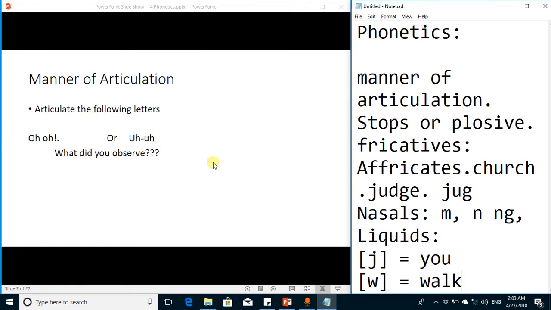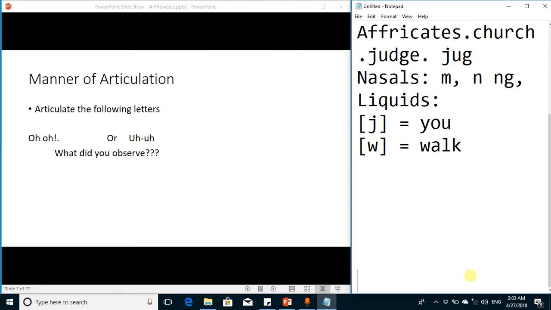And next is the group of sounds for which we use the same mechanism as for stops. We stop the airstream and then release it, but this stop and release mechanism is not at the front mouth level, it's at the back of the mouth, I mean at the glottal level.